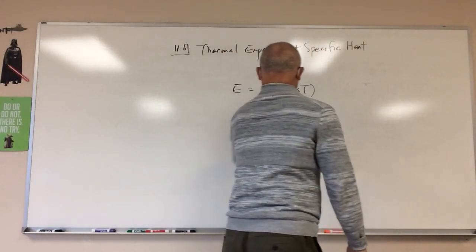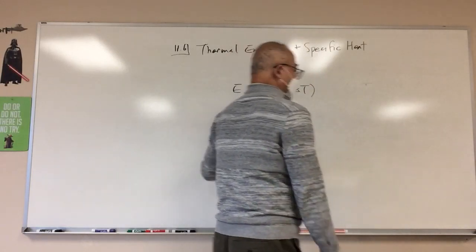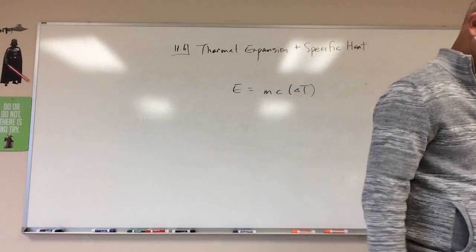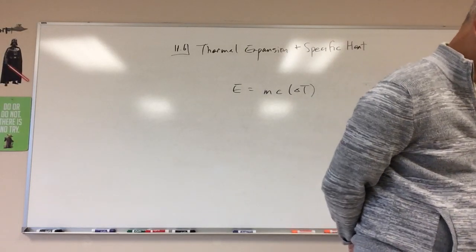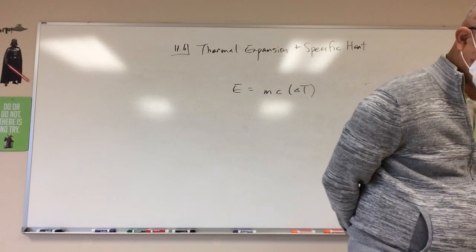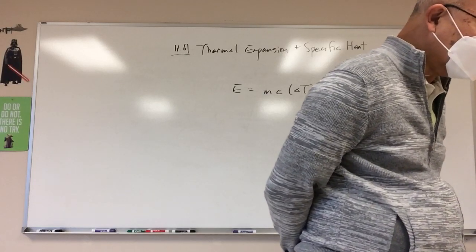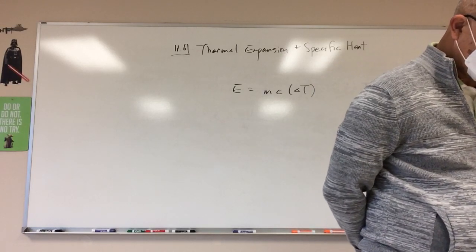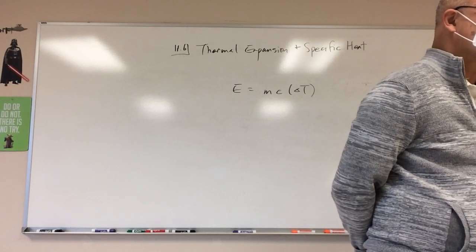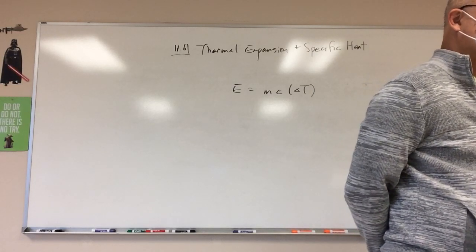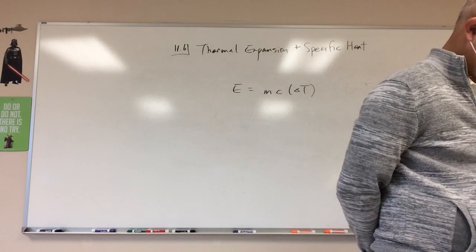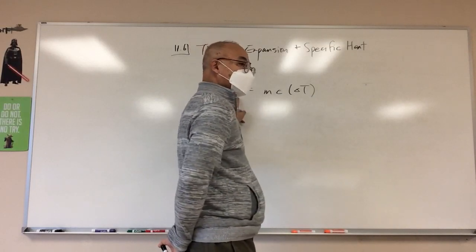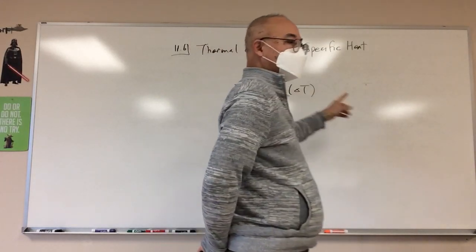Some materials are going to heat faster or quicker than others, or with less delta T. So if you go to table 11.13, you have different values there. The larger the specific heat means it takes more energy. The larger the specific heat, the larger the energy required to raise 1 kilogram by 1 degree Celsius.